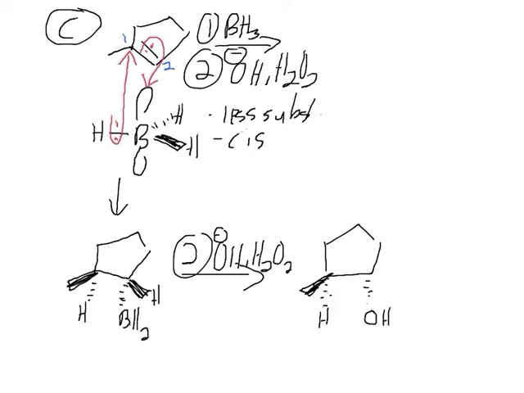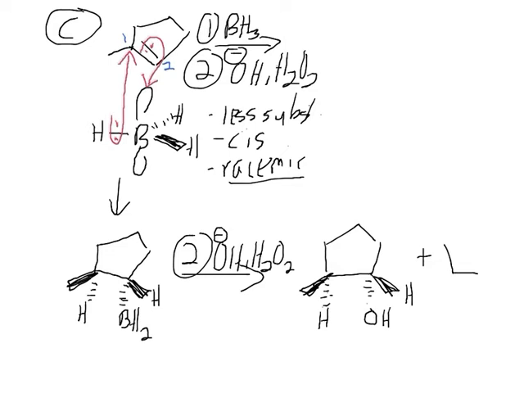So OH, H. But again, remember, carbon 1 and carbon 2 are sp2 hybridized. They're trigonal planar. The boron also could have come from the top, so you'd get two products. So we'd say it's also racemic. If you form asymmetric centers, it's racemic. So in this case it is. So you also get the enantiomer.